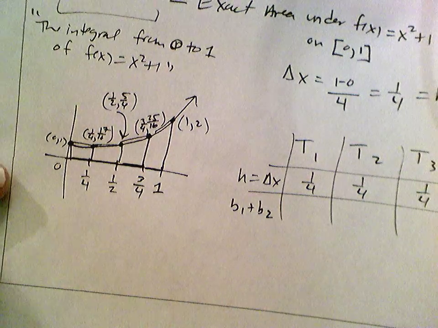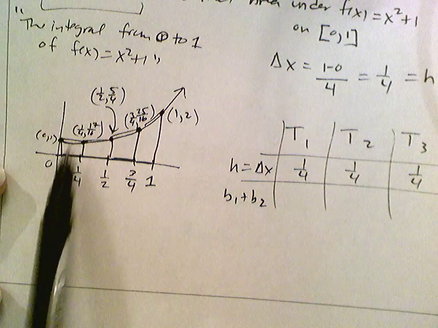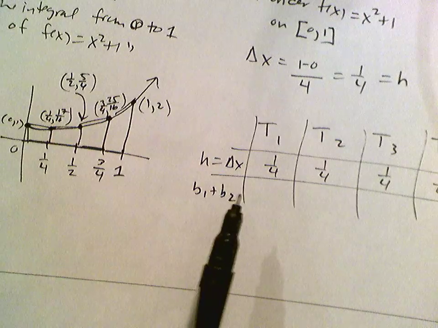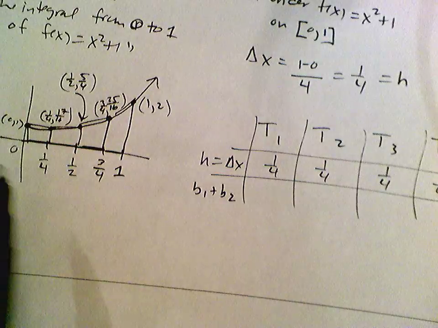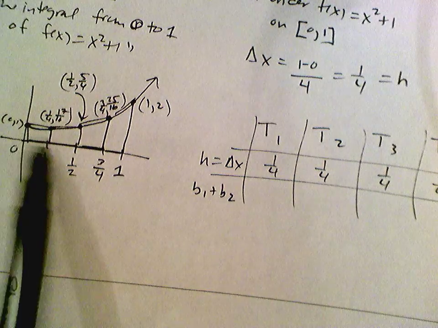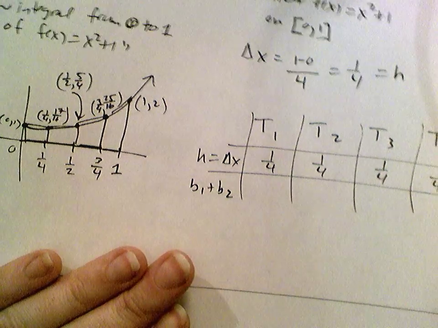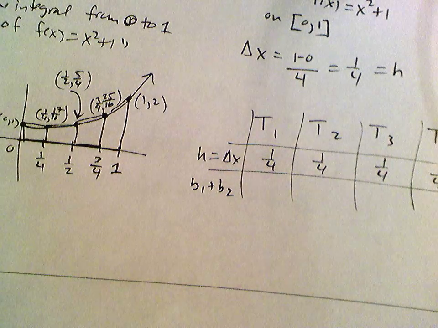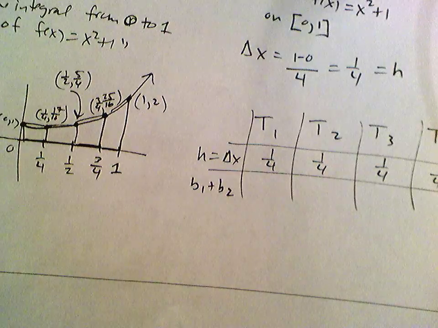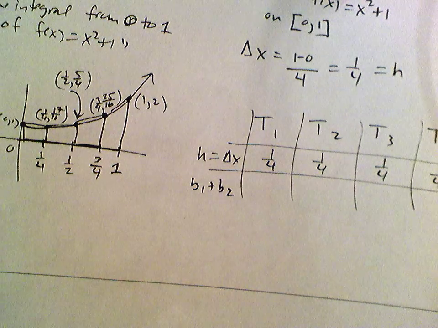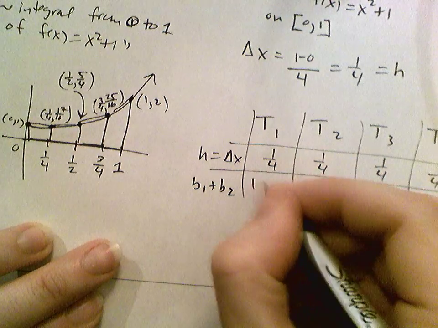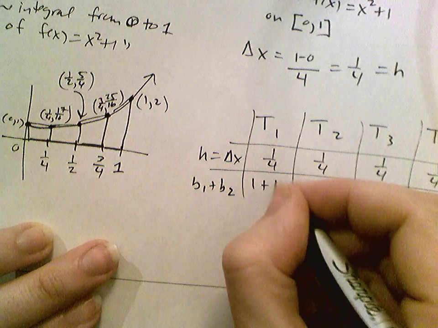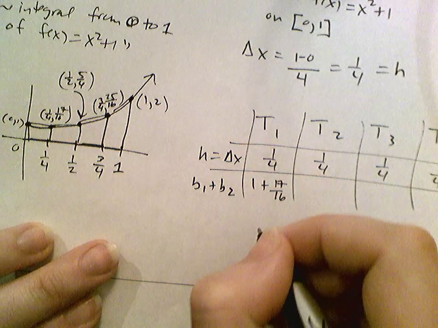All right. So yeah, I just got the heights from the y-coordinates. Or not the heights, I'm sorry, the bases. So the bases of each trapezoid are just the y-coordinates on either end. All right. So for the first trapezoid, we had to do 1 plus 17/16.